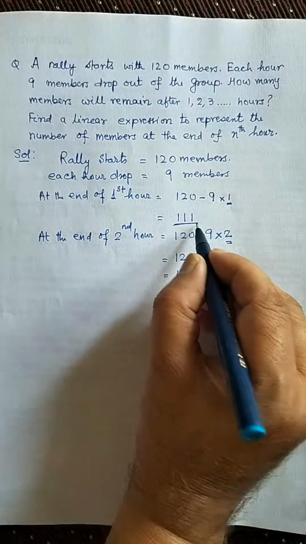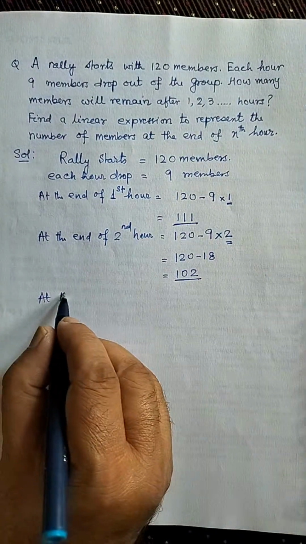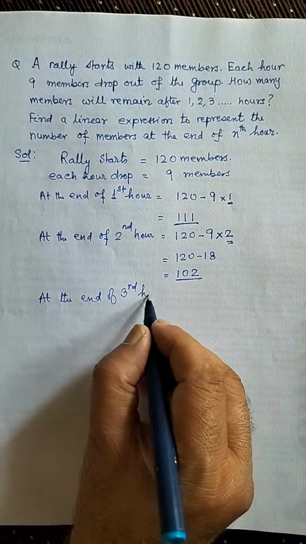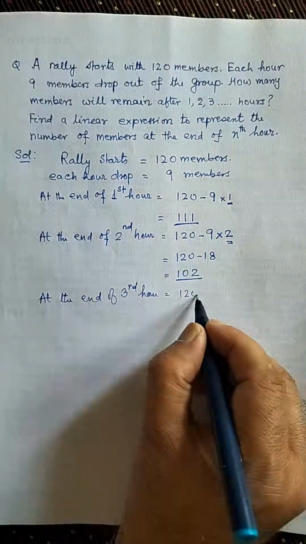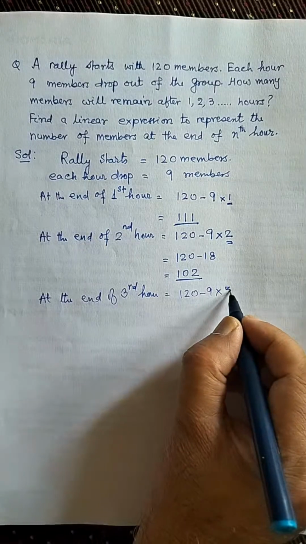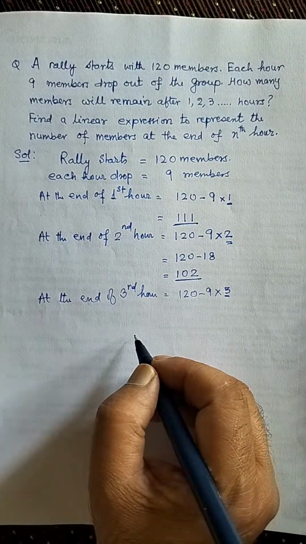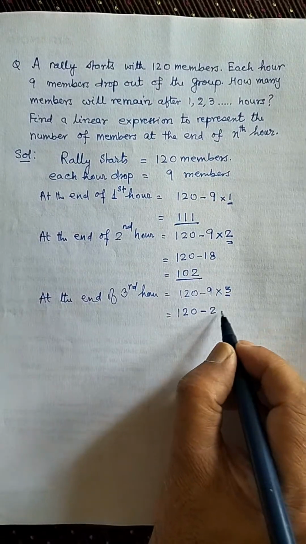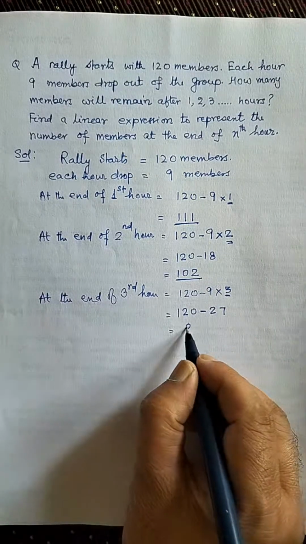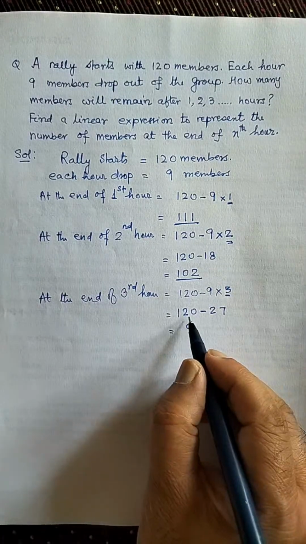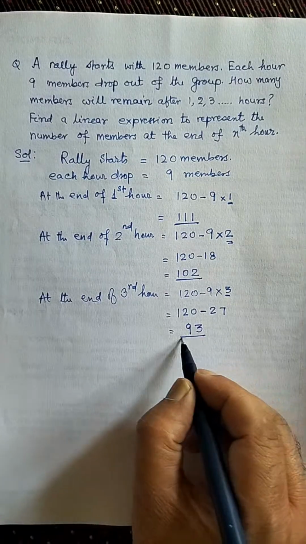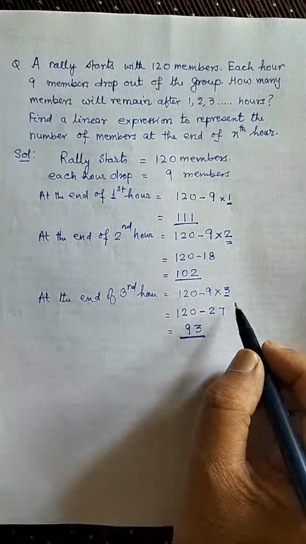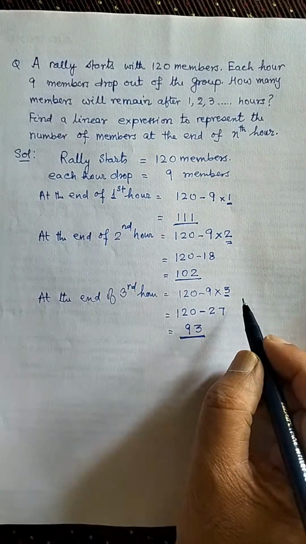Similarly, if we move ahead, at the end of third hour, it will be 120 minus 9 times 3, right? So this will be 120 minus 27, 9 threes are 27. So only 93 members will be left. Okay, by now you might have got the idea how we can write the required linear expression.